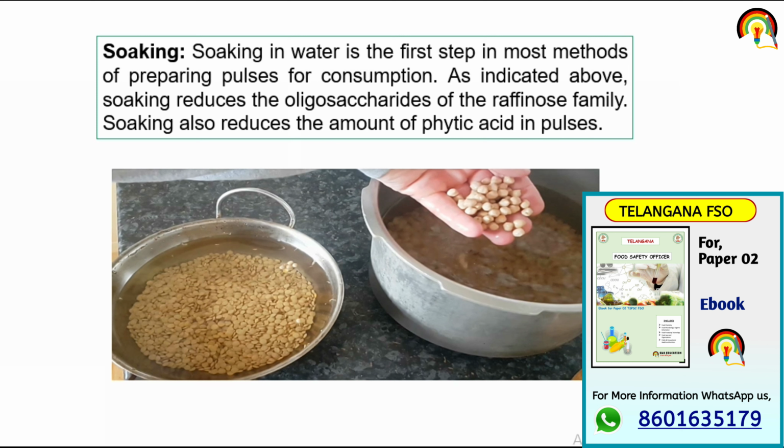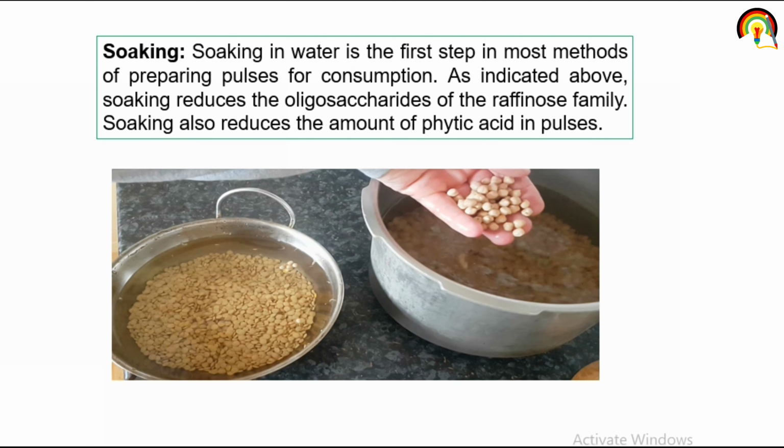Oligosaccharide means it consists of more than 2 units of sugar moiety. Soaking or steaming also reduces the amount of phytic acid in pulses, which is an anti-nutritional factor.